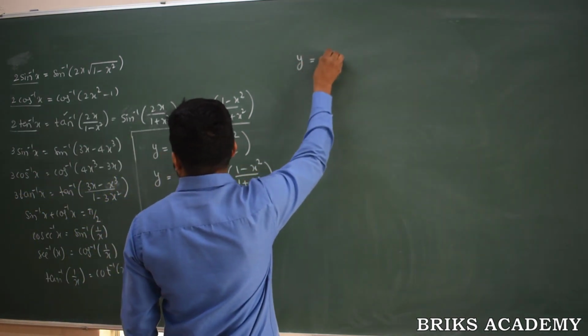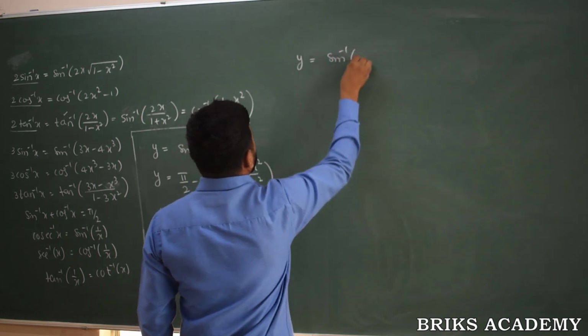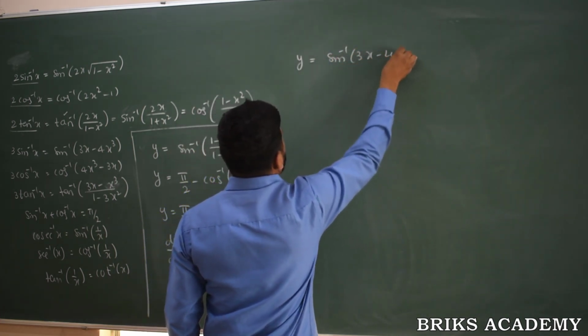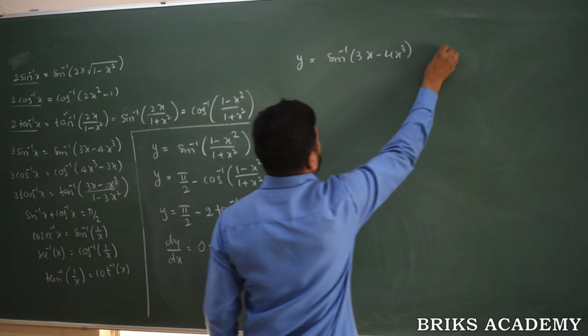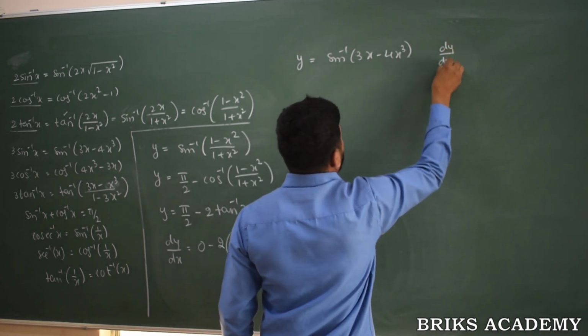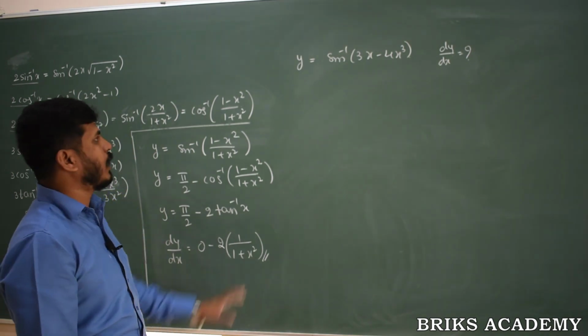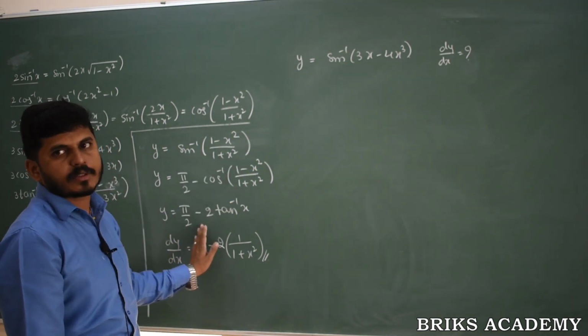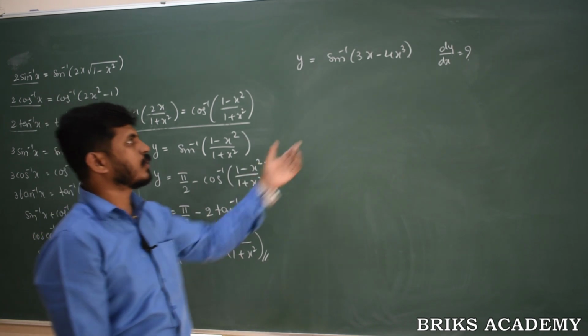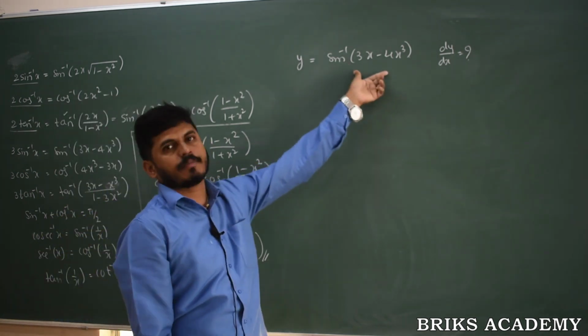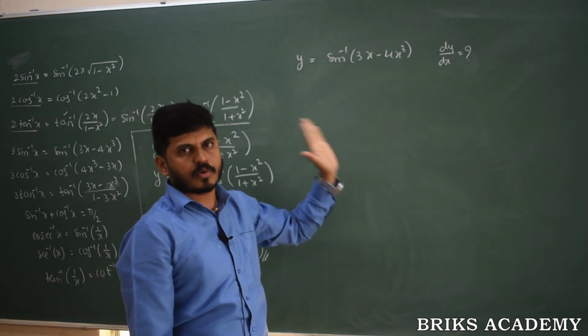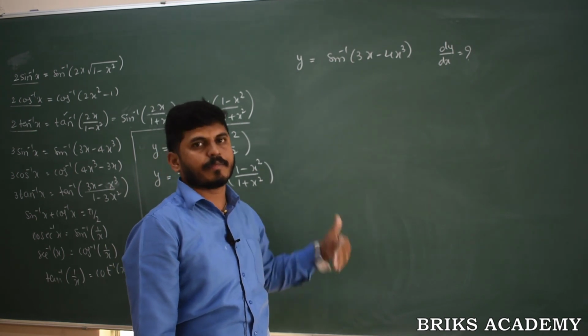Similarly, y is equal to sin inverse of 3x minus 4x cube. Find dy by dx. First I will make use of the formula. Whenever inverse trigonometry is there, first think about the formula. Don't think about the chain rule. First think about the formula of inverse trigonometry, then differentiate.